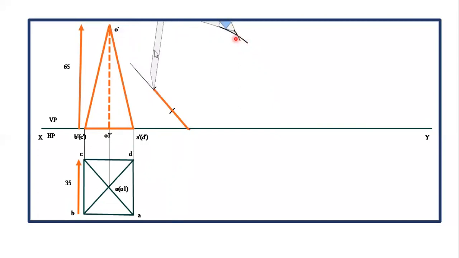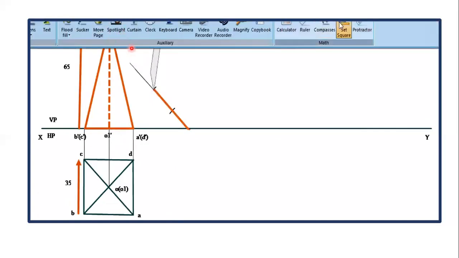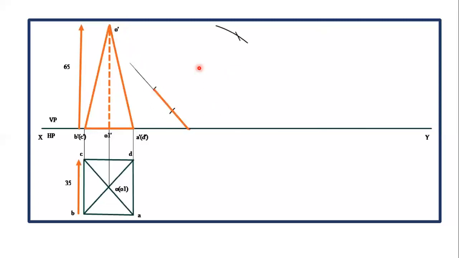The intersection of the arcs will be the point O dash. So connect line from A dash to O dash and B dash to O dash. From O1 dash, connect the axis line to O dash.